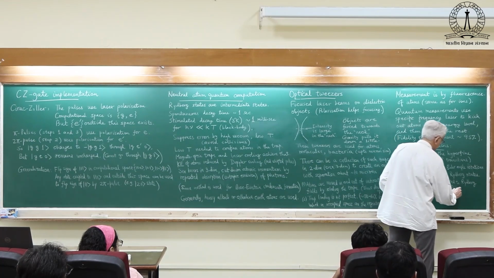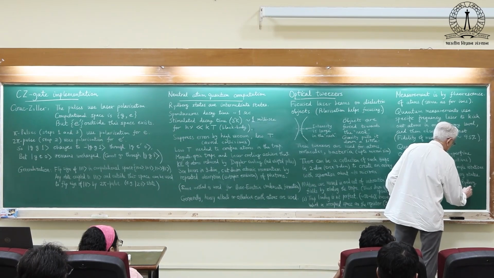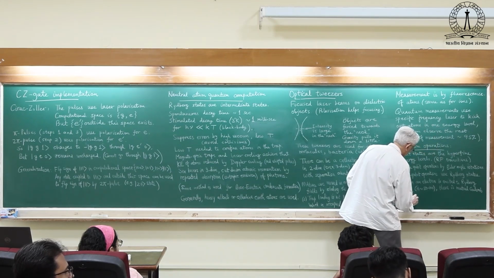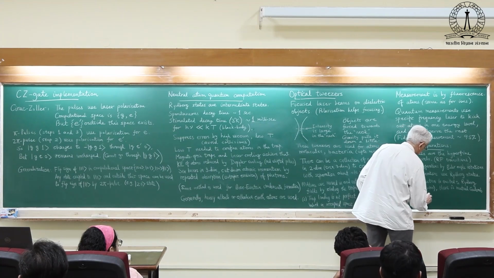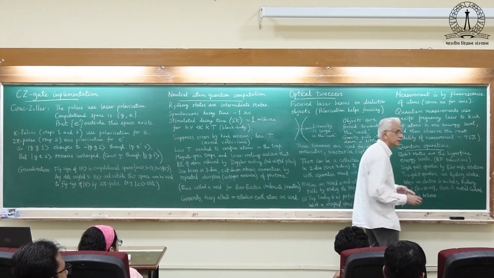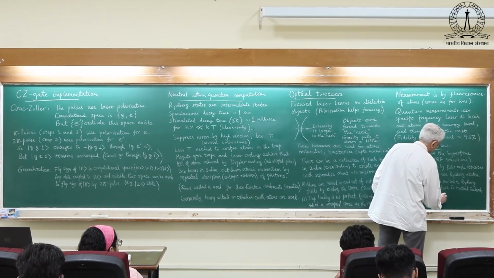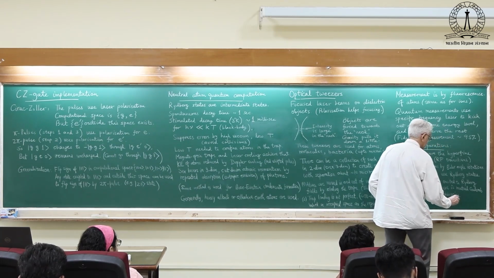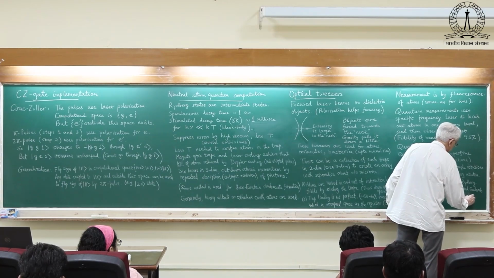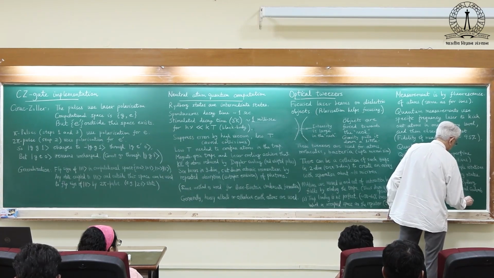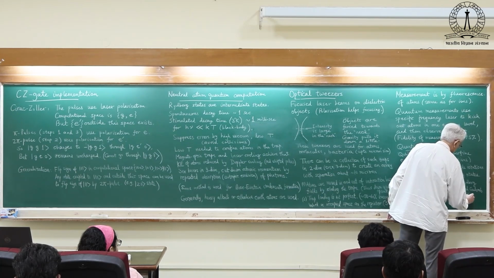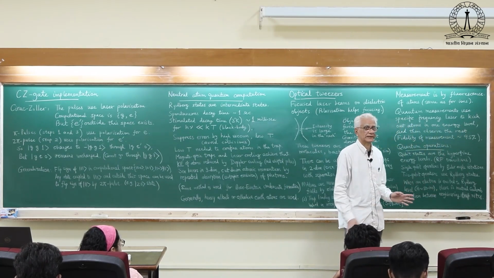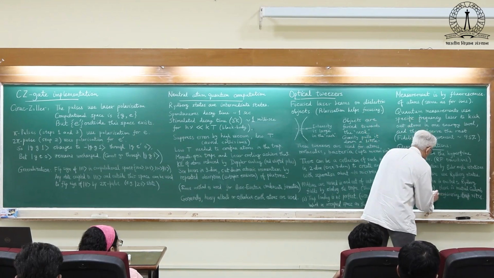And because its size is large, there is a Coulomb repulsion between electrons in neighboring trapped sites.